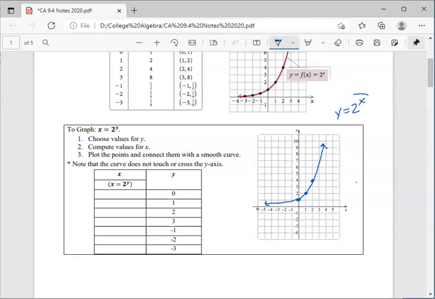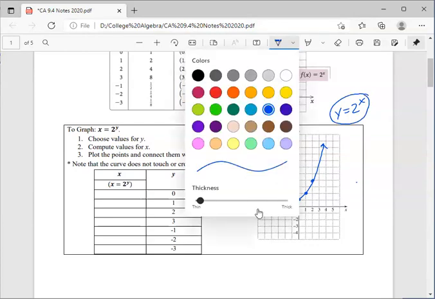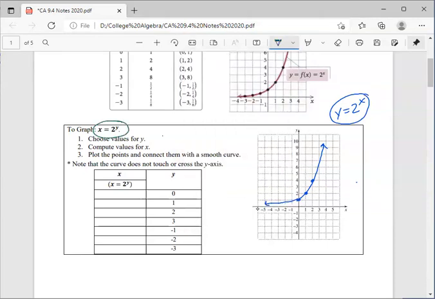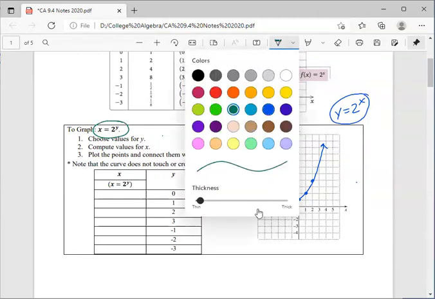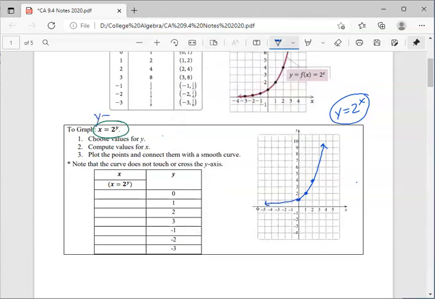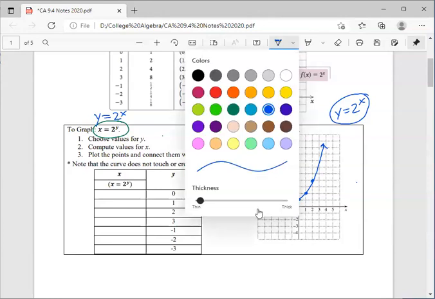We're going to talk about this a little bit more, but for right now, in a minute, I'm going to graph this other one in, let's say, green. So how are these two things related? If we wanted to compare just the two equations, y equals 2 to the x and x equals 2 to the y, what have we done?